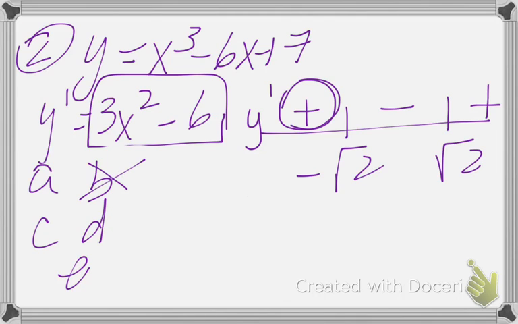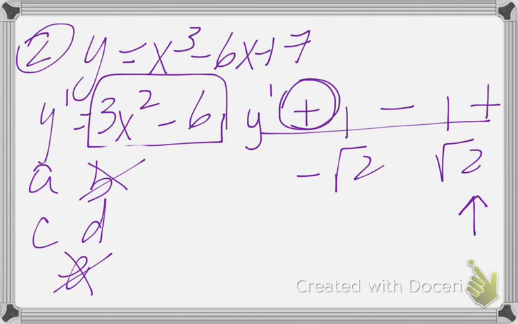And we can take out E because that says it's always decreasing. So let's go back. It's increasing if x is greater than radical 2. That is definitely true.